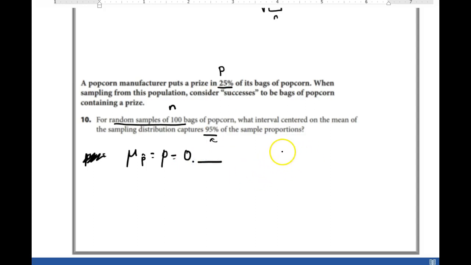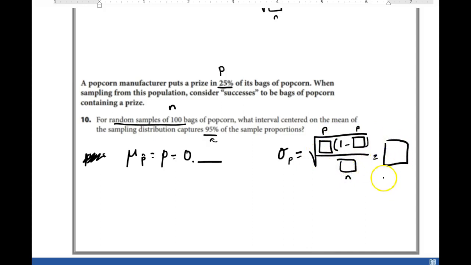Alright, and then also to figure out your standard deviation, remember that was square root of p times 1 take away our p-value over our n-value.